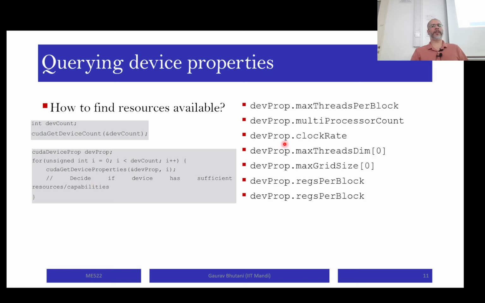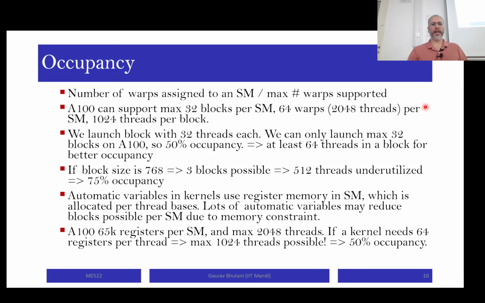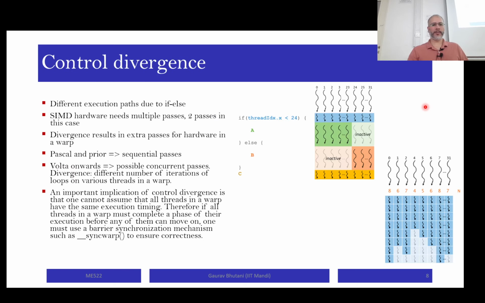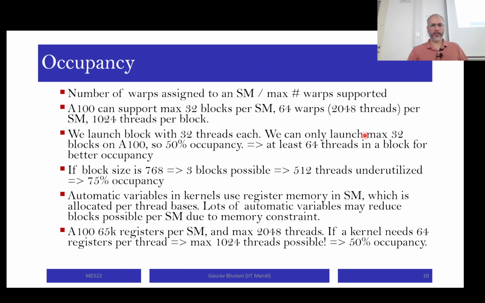So, let us look at some of the device properties that are available. If you say devprop dot maxThreadsPerBlock, this tells you what is the maximum number of threads possible per block on this GPU card. If I go back, for A100 it was 1024 threads per block possible maximum.